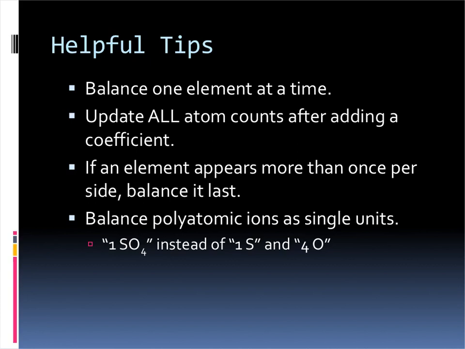If you have an element that appears more than once on one side of the equation, you want to balance it last. And then lastly, I prefer to balance polyatomic ions as a single unit, and I will explain this process to you in just a second.